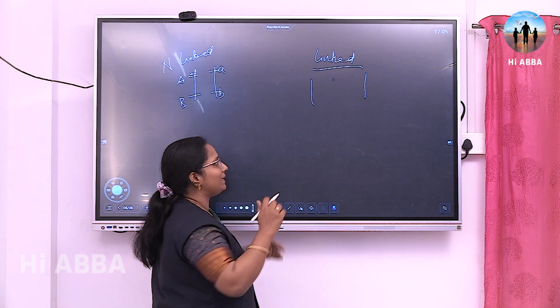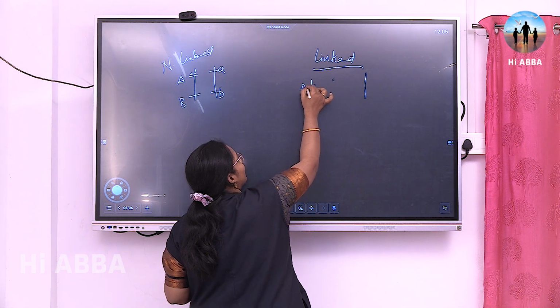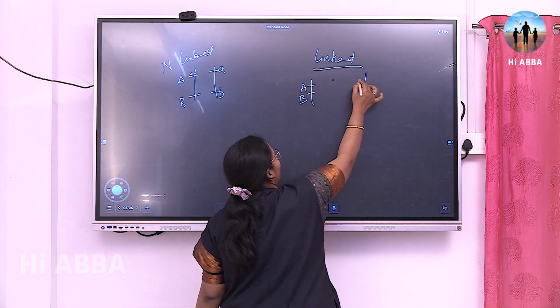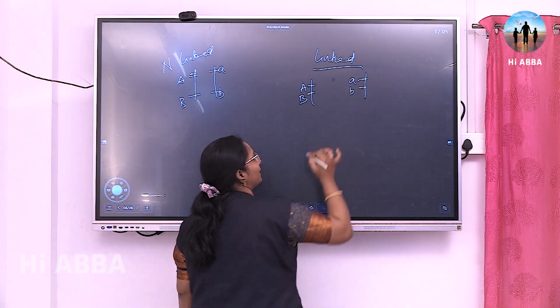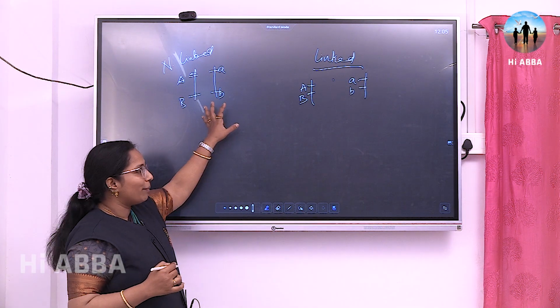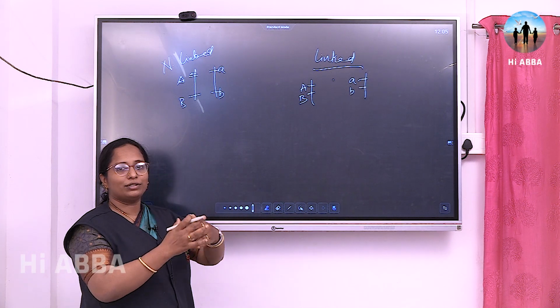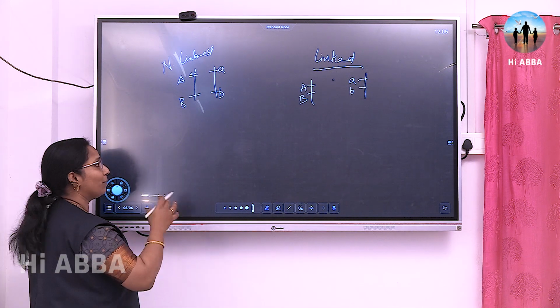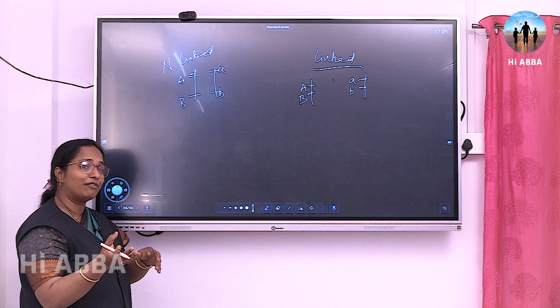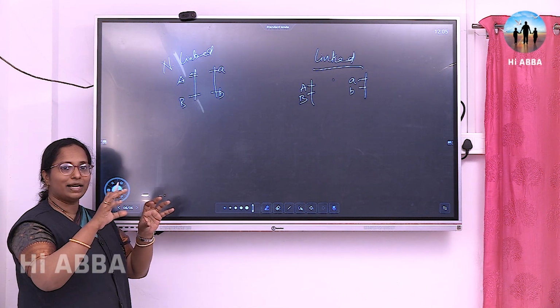Now coming to the linked genes, here the distance between the genes is smaller. Now coming to the production of the next offspring, how can we see the possibilities of the genes? Because after crossing over we see certain types of variations.